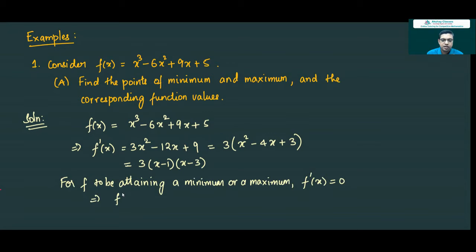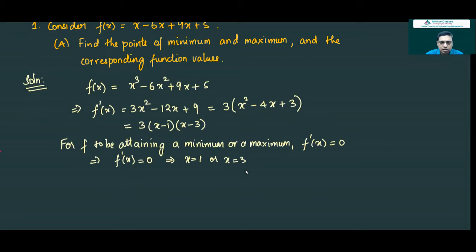So f dash x equal to 0 means either x equal to 1 or x equal to 3.